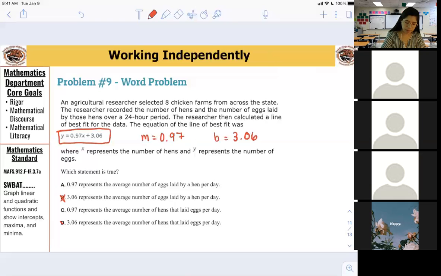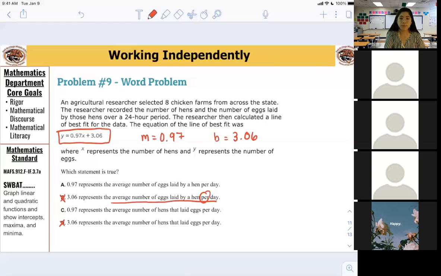How come I can eliminate B and D? And this goes for anyone. 3.06 is not the slope. Right, 3.06 is not the slope. So 3.06 does not represent the average number per day. That keyword per, basically this question's asking, what does the slope represent?